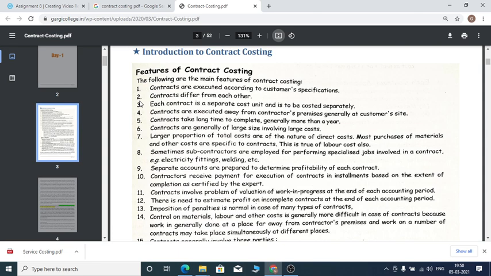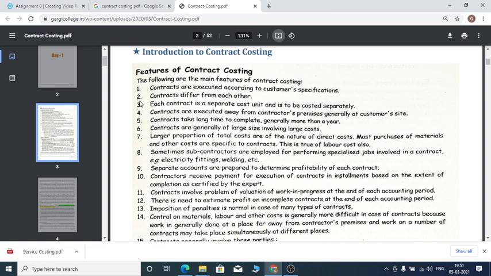Next, contractors receive payments for execution of the contract in installments based on the extent of completion as certified by the expert. Under job costing, manufacturers usually get the payment after completing the job, but in contract costing the contractor receives payment at certain intervals according to the percentage of work done, as verified by the experts.